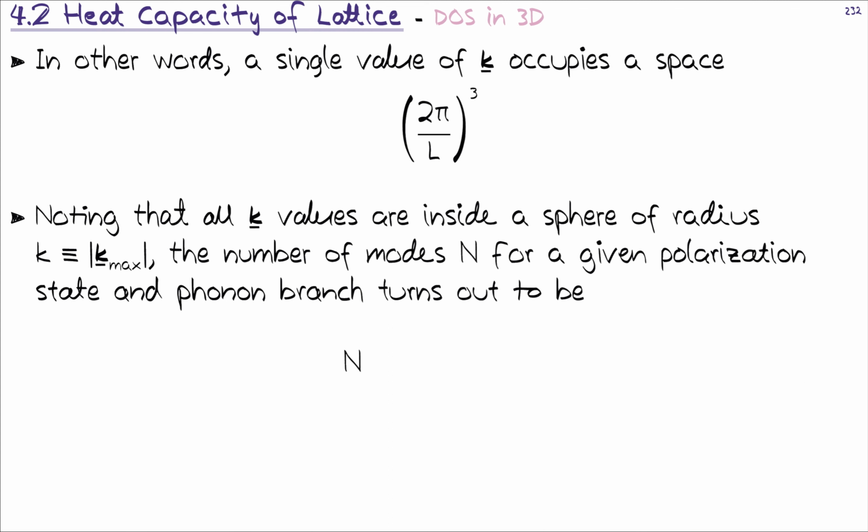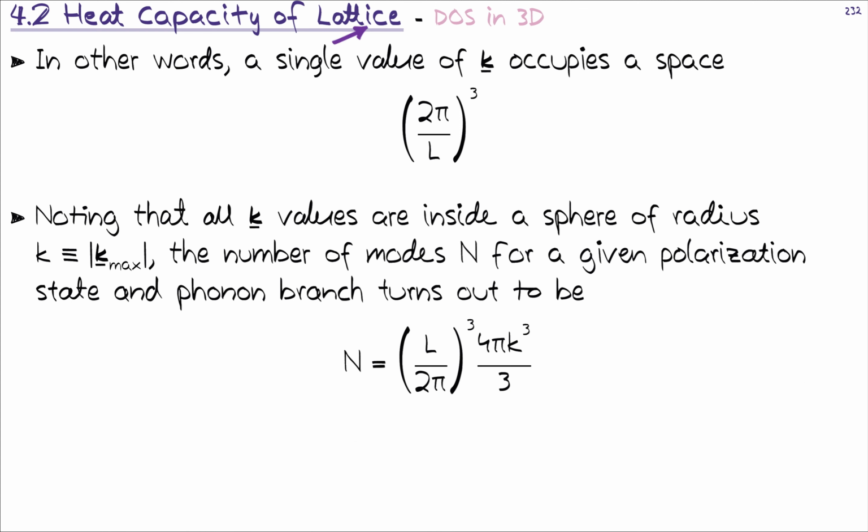volume. And since each k space point takes a given space, this 2 pi over L cubed, we know that in principle the total number of states can be calculated as the inverse of the space each k point takes, so L over 2 pi cubed, times 4 pi k cubed over 3.